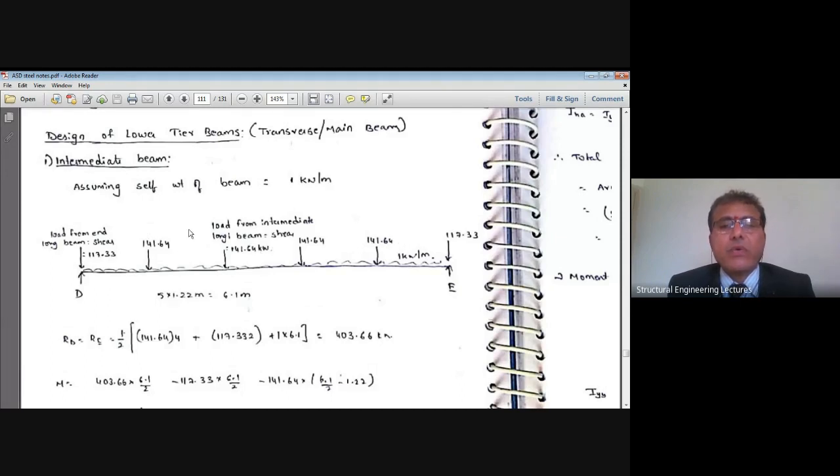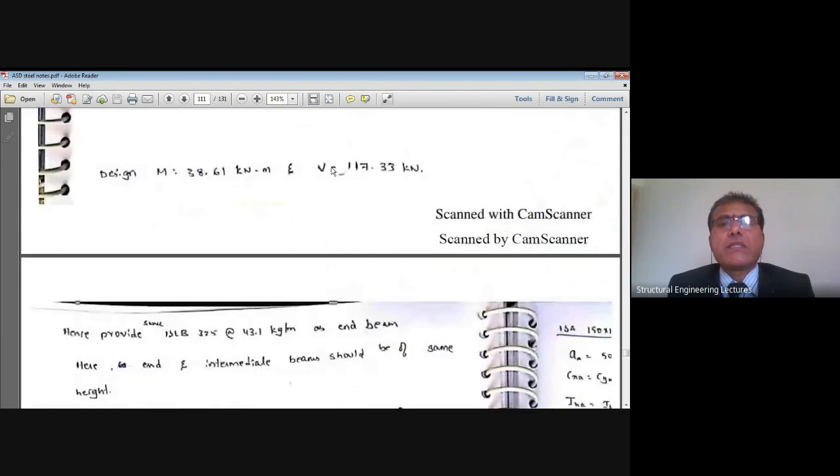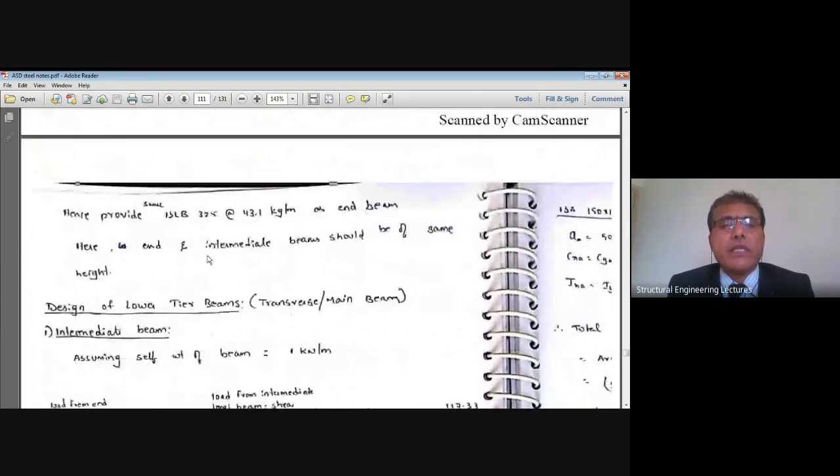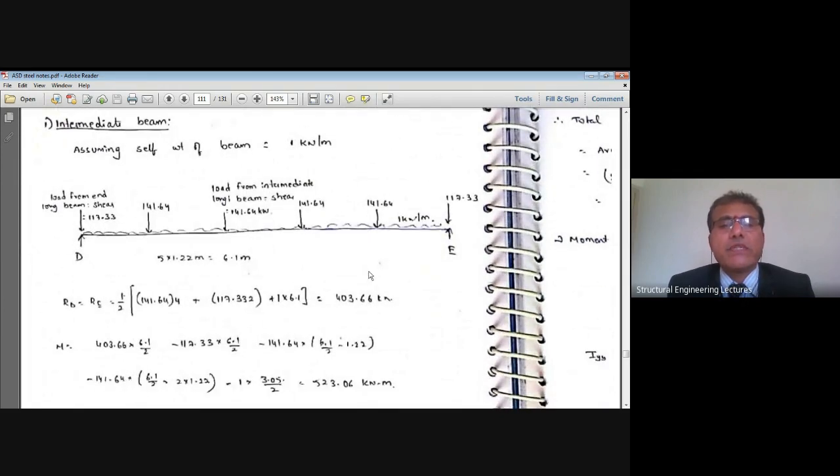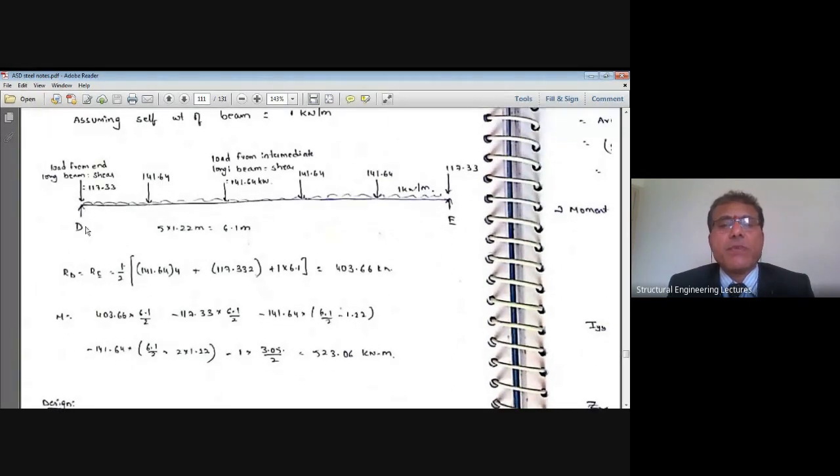That is how 1, 2, 3, 4. Then the rest of the two at the ends are the reactions from the end girders. Just now we have seen in the previous subheading that this reaction is equal to 117.33 kilonewton at both the ends, which are equally spaced at every 1.22, 1.22, like that, 5 spacings, which is equal to 6.1 meter.